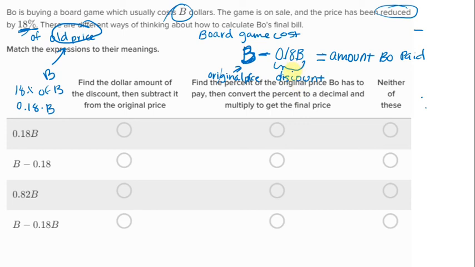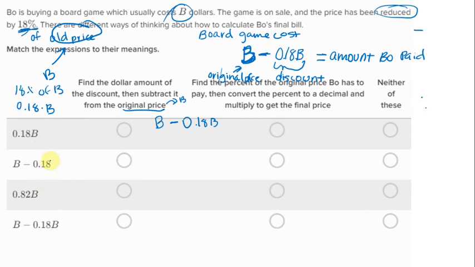All right, well, up here we said that 0.18B was the discount. And so we would take 0.18B, which is our discount, 18% of B, that's the amount that's being subtracted off of our original price. And it says to subtract it from the original price. Original price is B. So we're just going to take B minus our discount. We're going to see what matches.